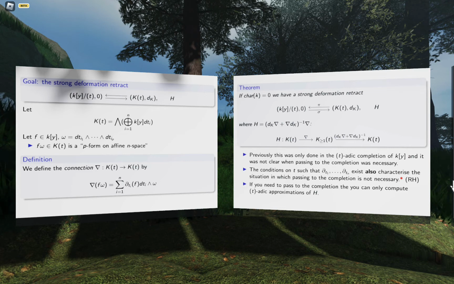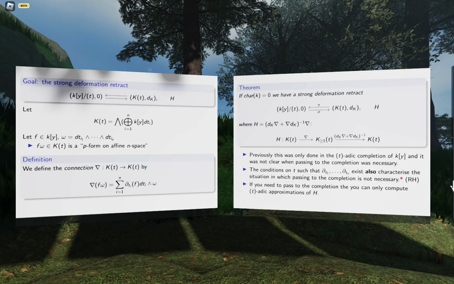Now, these are just formal symbols. There's no particular technical reason for writing things this way, except that it's meant to make you think about differential geometry. So for a polynomial f in KY and a wedge product of these dt_i's, omega, we think about f omega, which is an element of the causal complex, as being like a p-form on affine n-space, right?